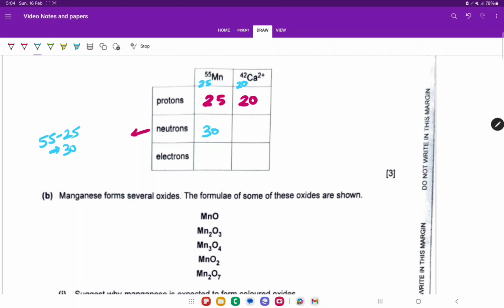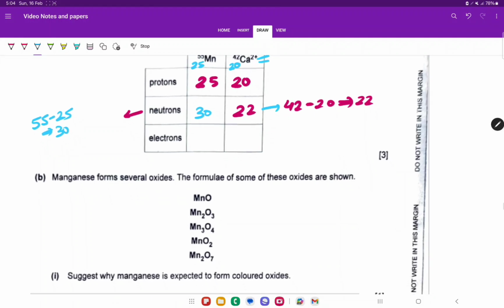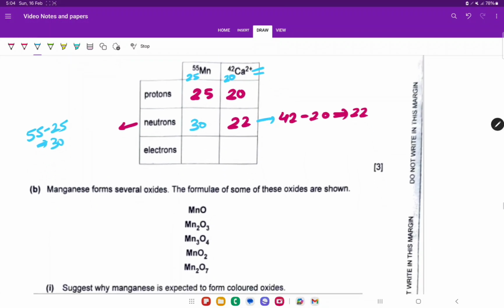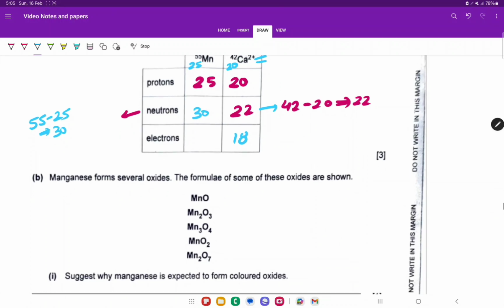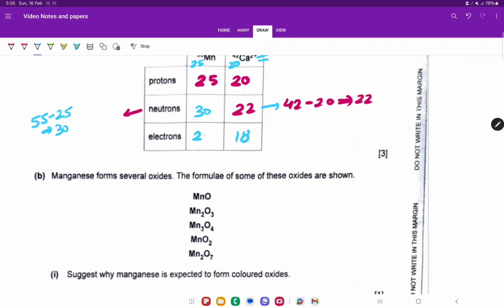For calcium, 42 minus 20 comes out to be 22. Now since calcium is losing 2 electrons, its protons will not be equal to electrons. It will have 2 electrons less, positive ion, therefore 18 electrons in calcium. And Mn has 25 protons and is neutral, therefore the number of electrons will also be 25.